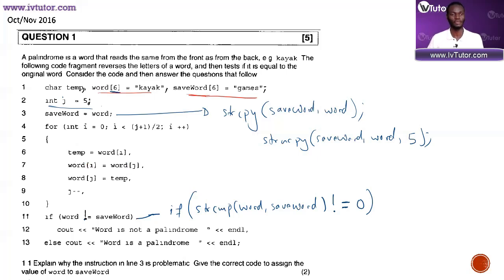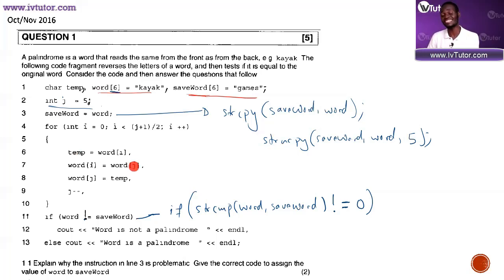So what we are now doing here is we are saying j is 5, right? Which means we are actually at the end of the string, okay? And this loop is going to loop up to the middle of the string. j is 5. We didn't change j in this loop. And it's now saying, take the first character, put that in temp. Okay, fine, hold it for me.